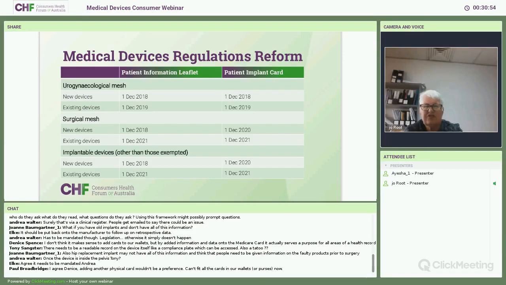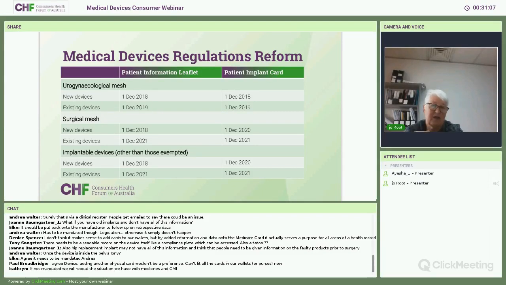But if you look at that timetable, patient information leaflets and patient implant cards for new urogynecological mesh have to be in place by the 1st of December this year. So manufacturers need to be told what will be required of them. They're going to need to write them, produce their leaflets, and then be ready to go for first use from the 1st of December. So it isn't very much time.